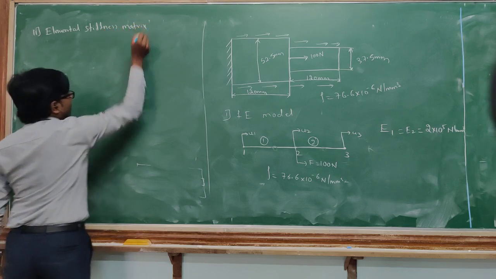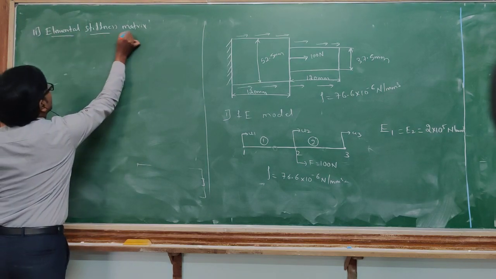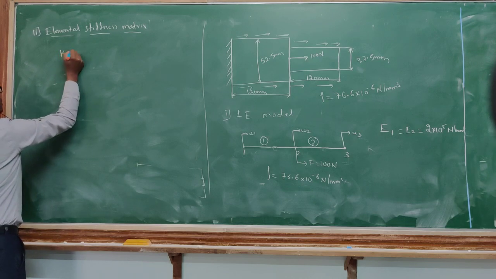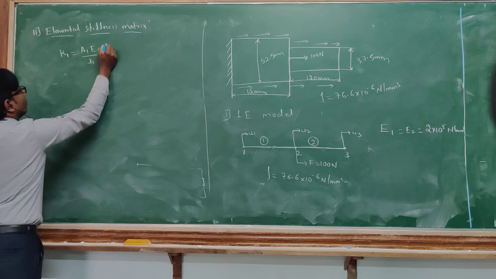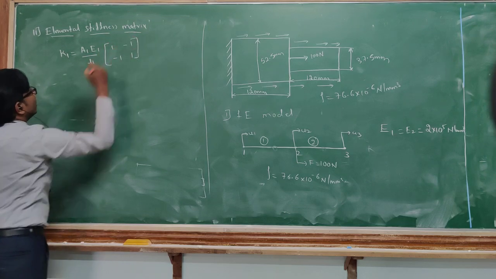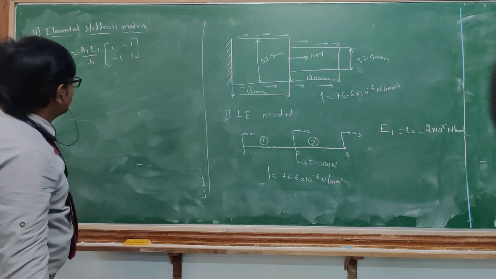Basically for a bar element, I'll directly take K1. K1 is equal to A1 E1 divided by L1 times the matrix [1 -1; -1 1]. It is made up of the same material, so E will be common to both.